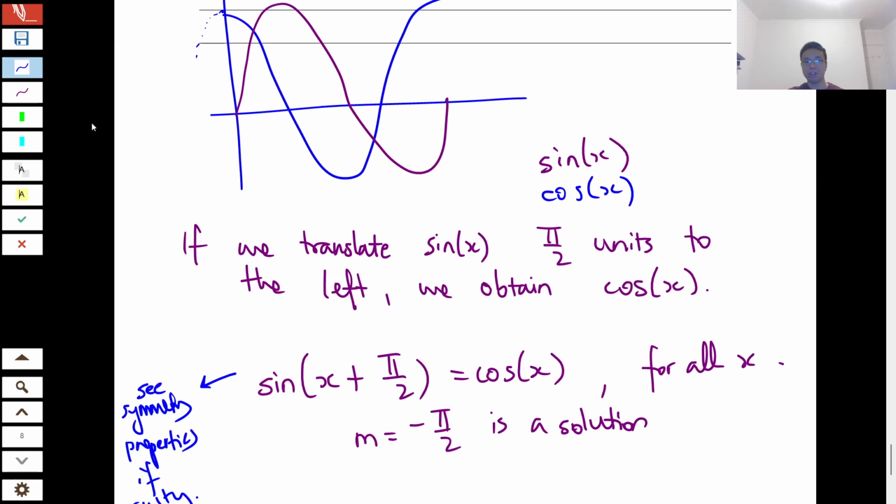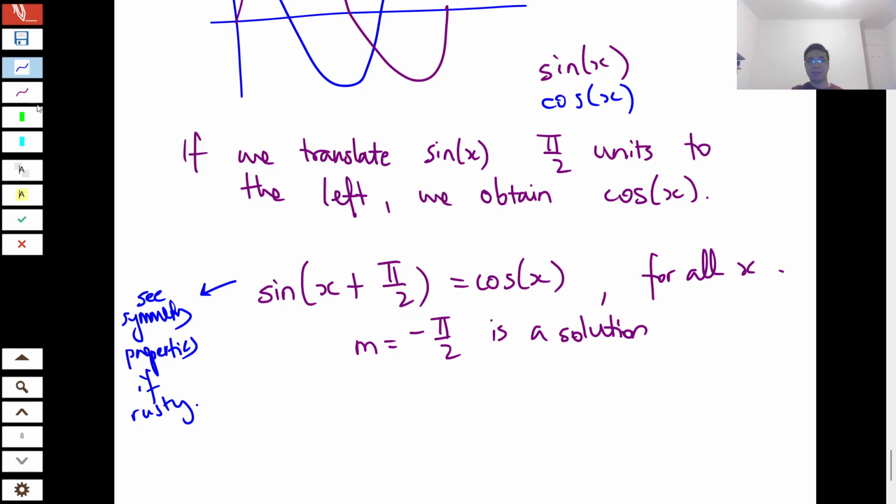So not only do we need to translate negative pi on 2, but really, sine or cosine is fine.